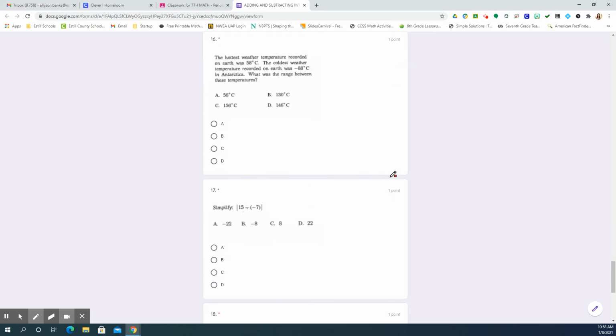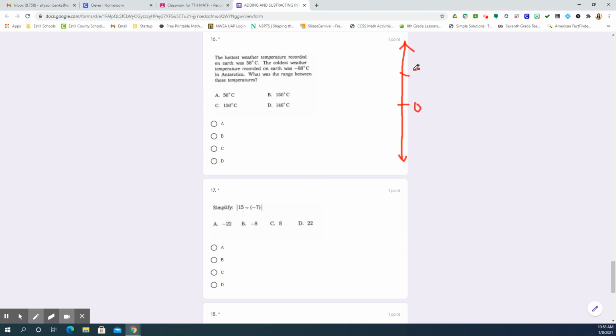Number 16, the hottest weather temperature recorded on Earth was 58 degrees Celsius. The coldest weather temperature recorded on Earth was negative 88 degrees Celsius in Antarctica. What was the range between these temperatures? Okay, so the range, which means how far apart were they? What's the distance? What's the difference? Same thing. We have a lot of these distance questions. 0.